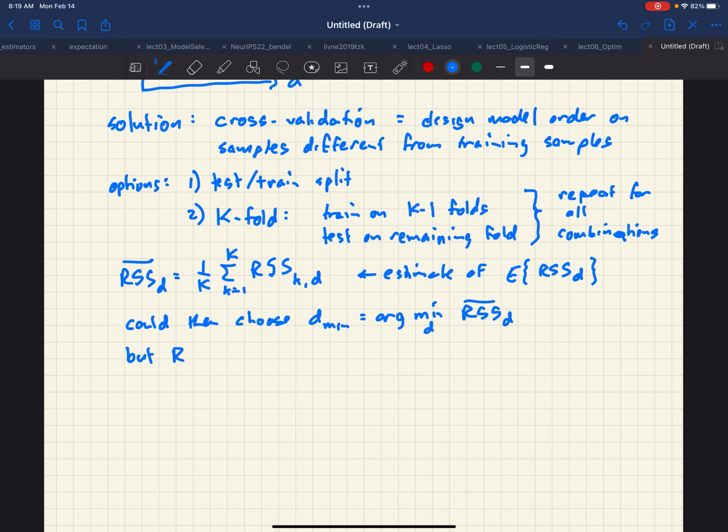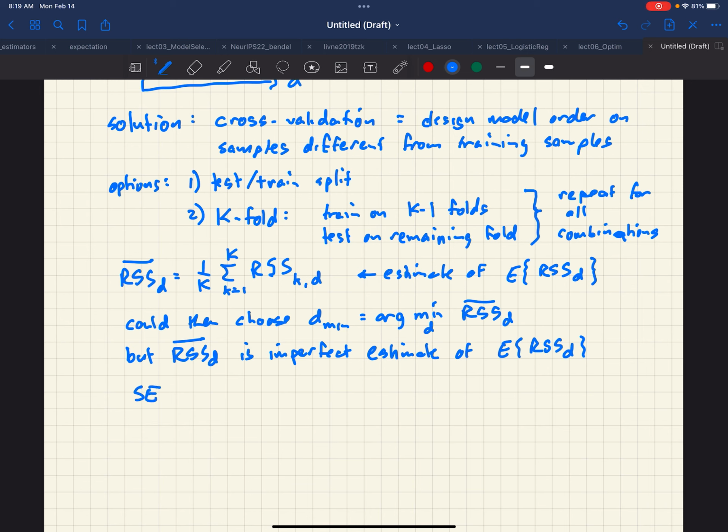But RSS bar D is itself imperfect. Or maybe to be more explicit, it is an imperfect estimate of the thing we would really like to know, which is the statistical average. So we can quantify the error.